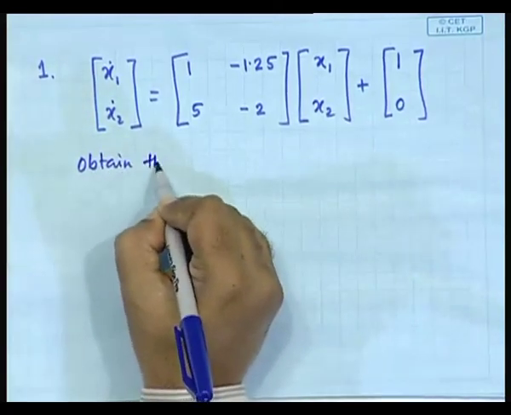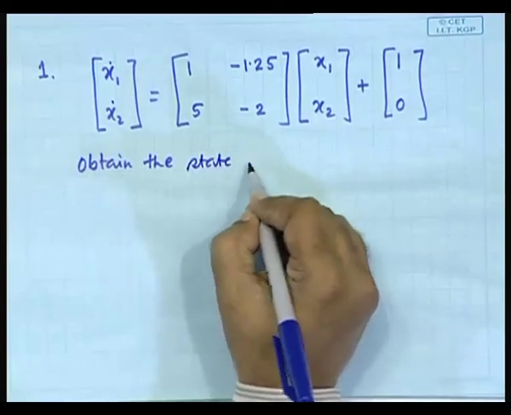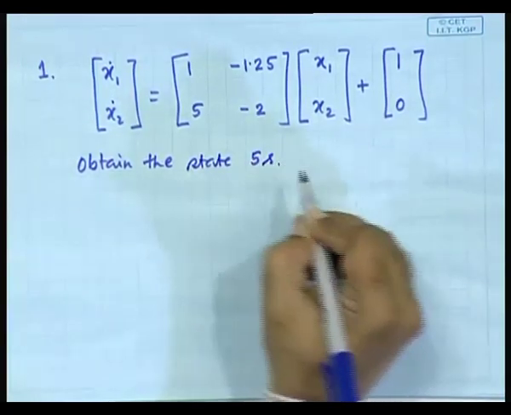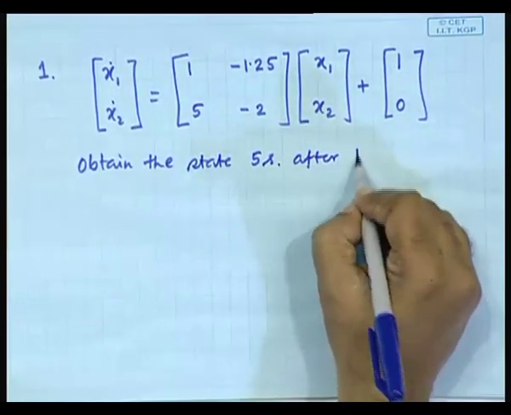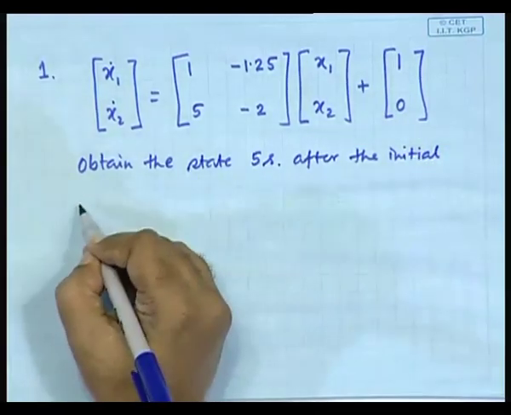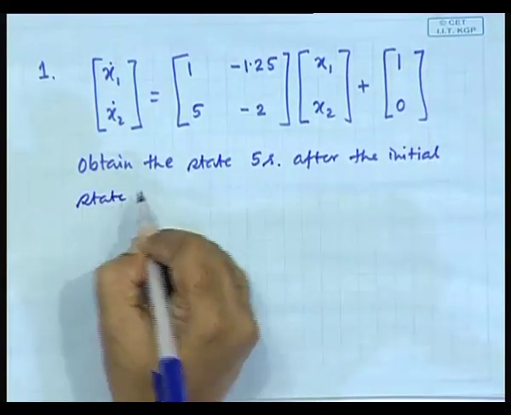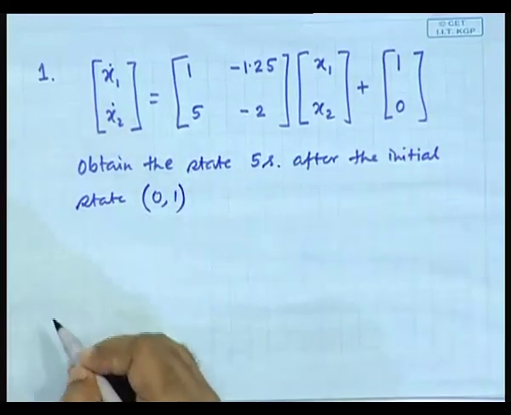Obtain the state 5 seconds after the initial state, say let the initial state be 0, 1, not 0, 0.